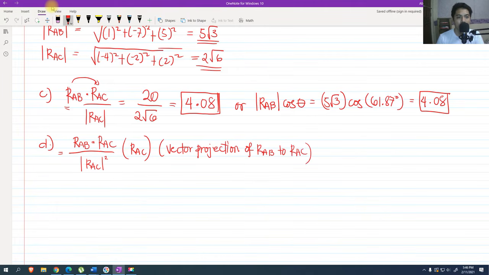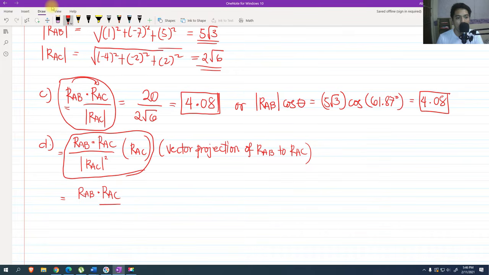So what are we going to do here? Since we know this already, we can rewrite this formula as the dot product of RAB and RAC all over the magnitude of RAC, multiplied by RAC all over the magnitude of RAC, because the square here only signifies that the two magnitudes are being multiplied.